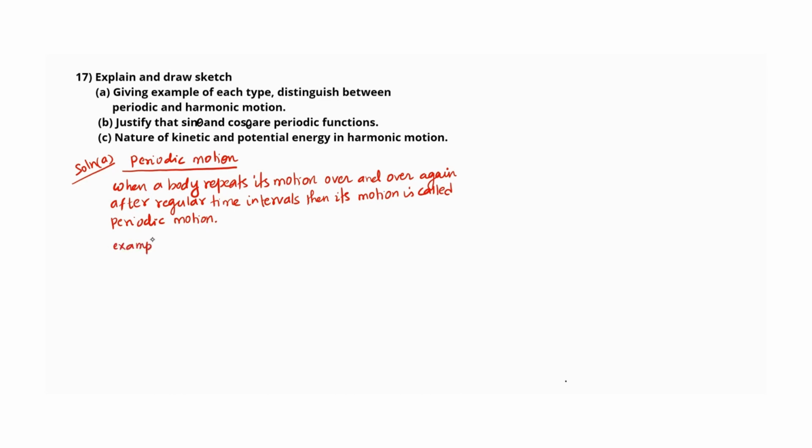Now let us understand with reference to the example. Okay, so 1, motion of the hands of a clock is periodic. Let's say this is the hand clock or hand watch. There are 3 needles.